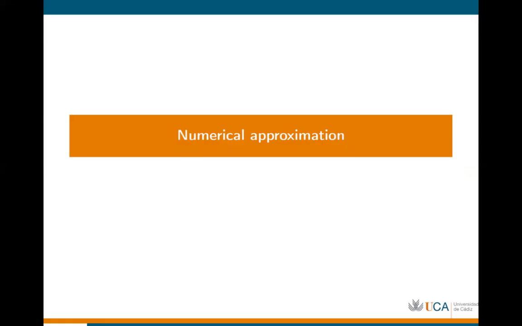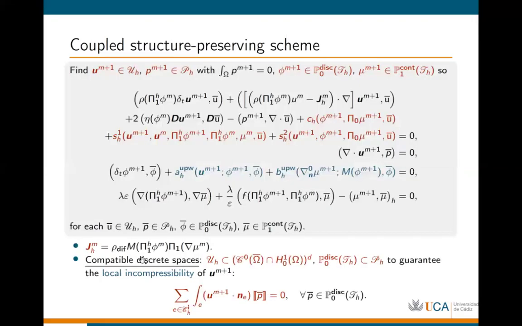Well, it's slightly similar. Here I have proposed this numerical approximation where we use certain discrete spaces for the velocity and the pressure that we're going to define later on. We use P0 for the phase field variable, so piecewise constant functions, and we use piecewise linear continuous polynomials for the chemical potential.